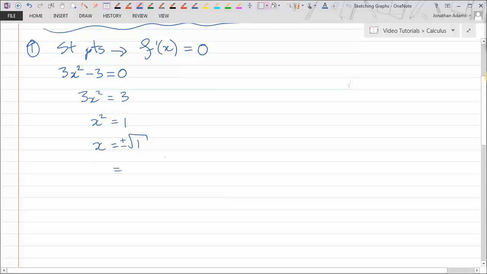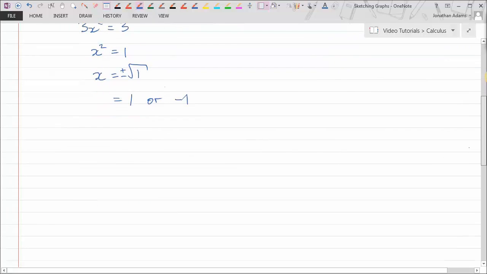The square root of 1 is 1, so the two options are 1 or negative 1. This tells me that the x-coordinates of the stationary points are 1 and negative 1.